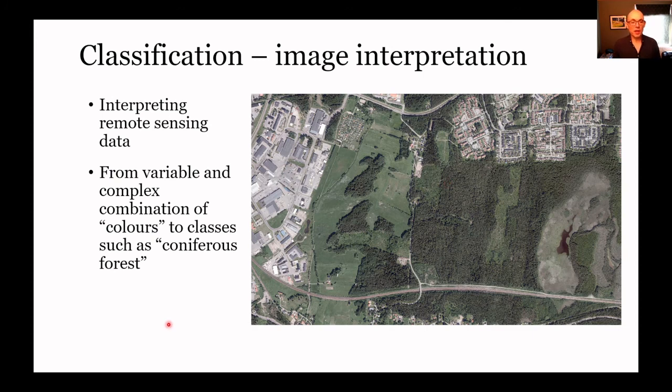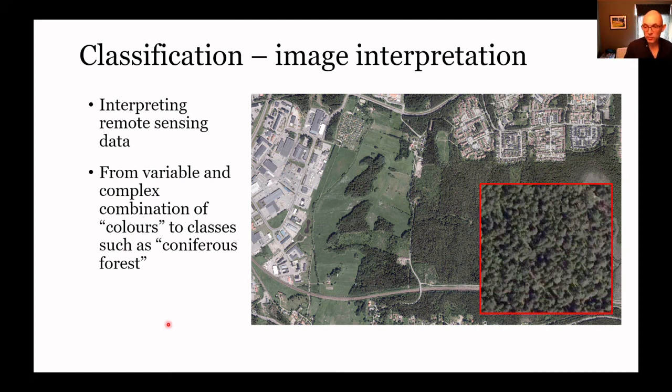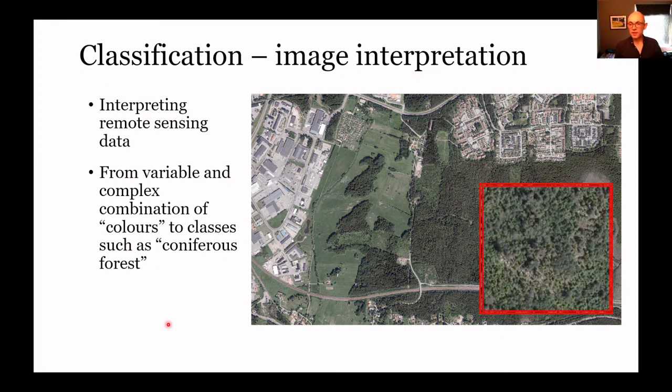But we can also do this classification of pixels when we're looking at remote sensing data. We can look at the colors and say, well, this color represents one class or another. For instance, we can look at this and say, well, these colors, and this is where we get to a little bit of a lie here, really, which we'll get to in the remote sensing lecture. These colors, which you can see there's more than one color there, that represents forest. Well, this is obviously scrubby forest or new cut forest, new growth forest.